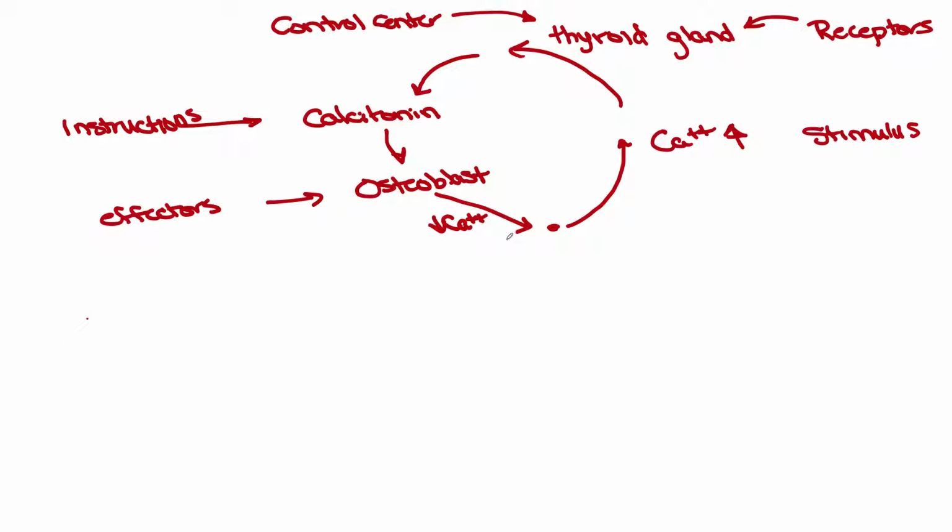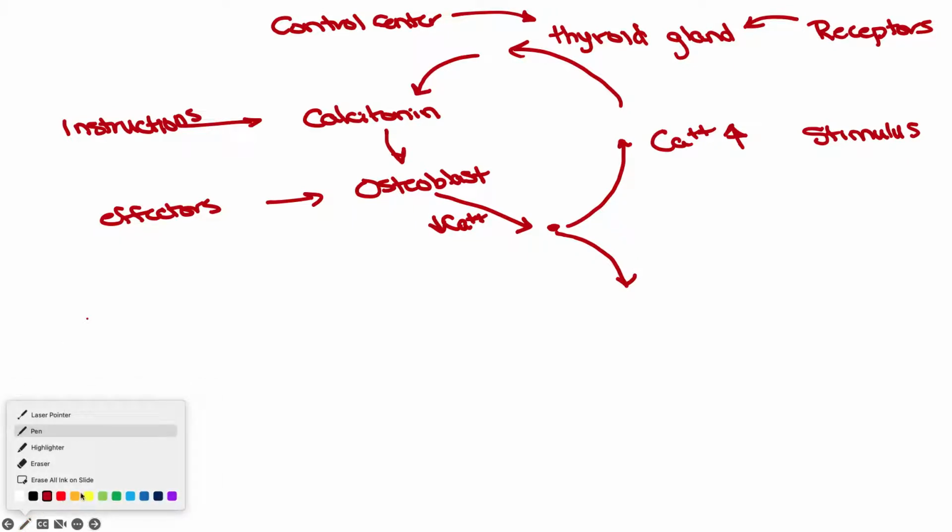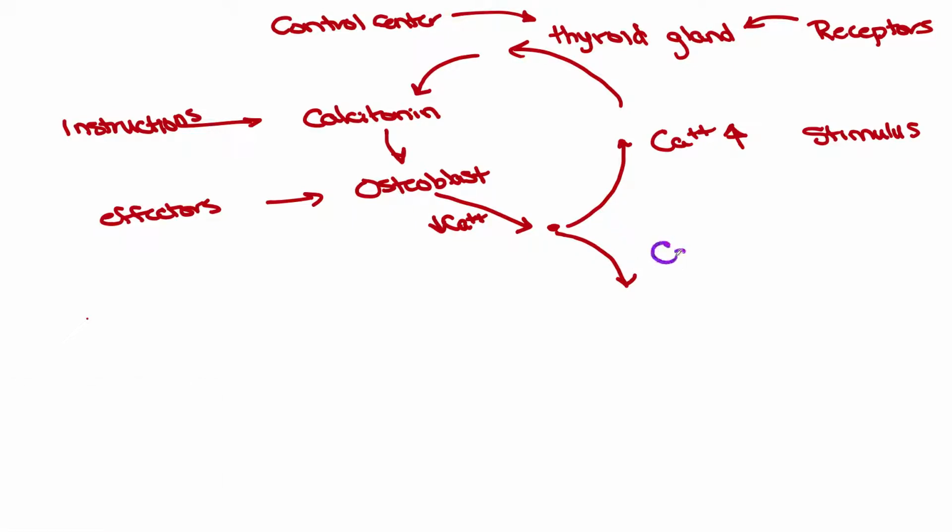And then we're going to reduce that stimulus as blood calcium comes down. Now, after a little while, maybe you haven't had anything that has calcium in it for a little while, the blood calcium levels are going to fall. Maybe I'll make this a different color. So blood calcium levels begin to fall. That is a different stimulus.